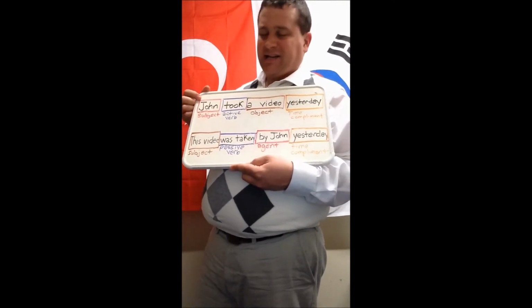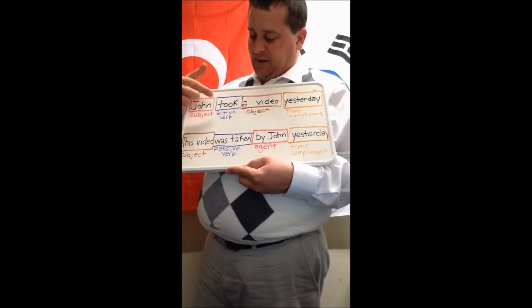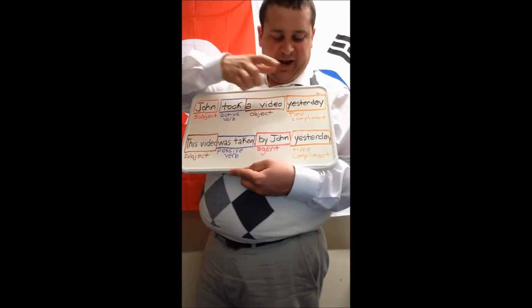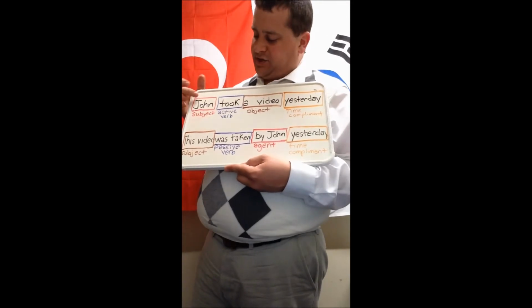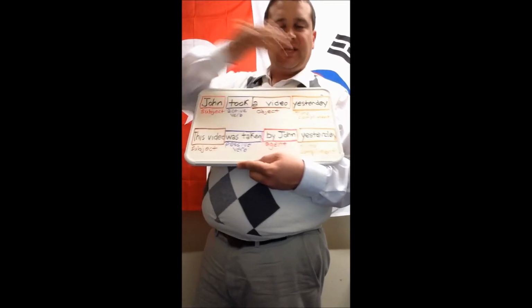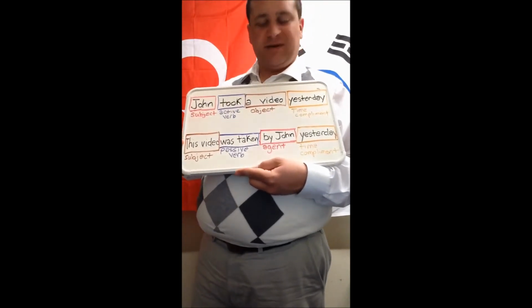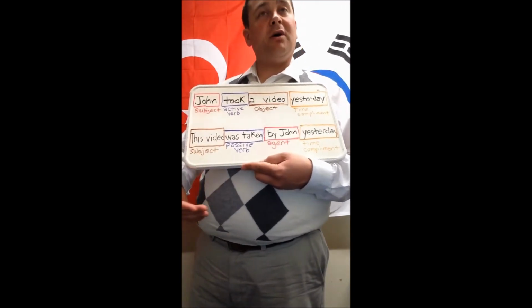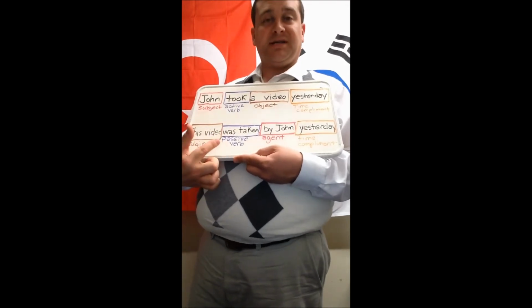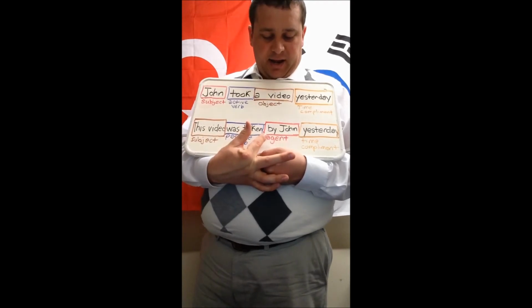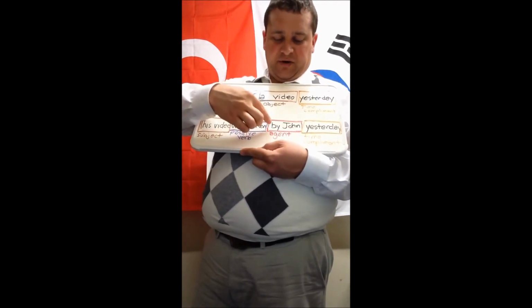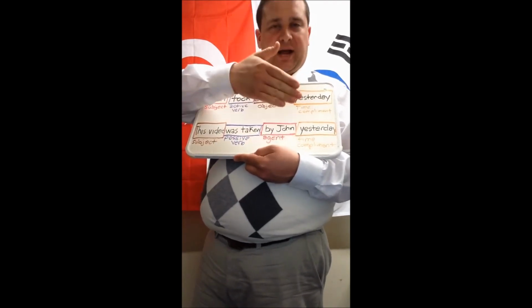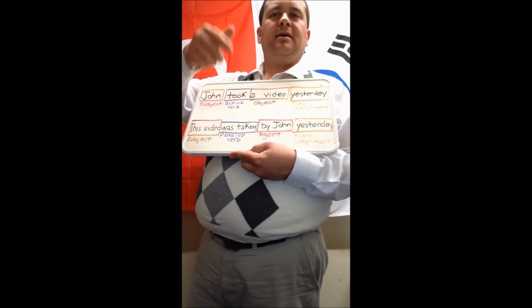So, in our active sentence, we have a subject, we have our active verb, we have our object, and we have our time complement. John took a video yesterday. In our passive voice sentence, we have subject, passive verb, which is also our past participle verb plus the verb was. Past participle verb, taken. We have our agent, we have our preposition, by John, preposition plus agent, and then we have our time complement.